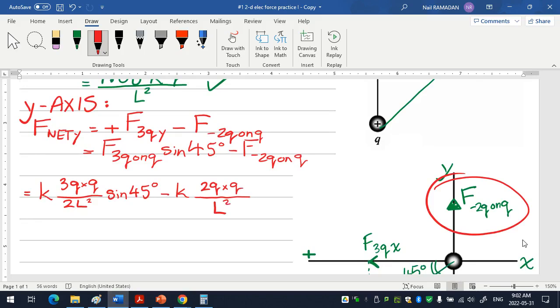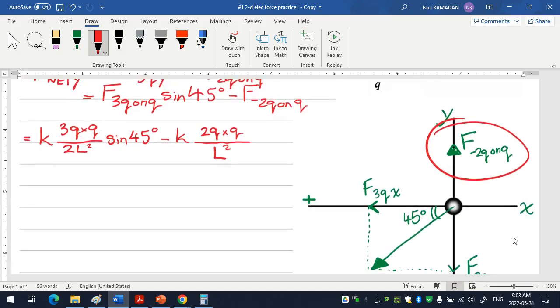Okay, let's clean up. By the way, do you see a lot of common factors between those two terms? What common factors do we have between those two terms? We got the k's. Well, we got the q squared, and we got the L squared. Then if you want, you can take the common factors right now.